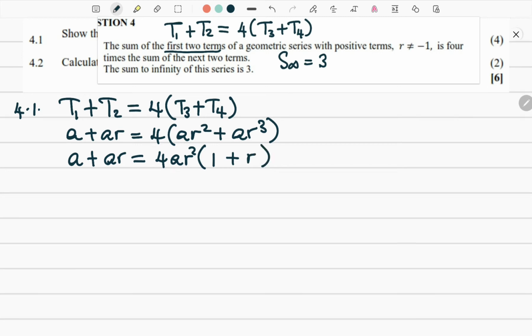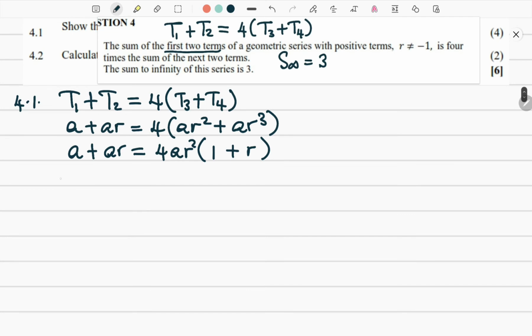Meaning that even on the left hand side you can factor out a, and we're going to have 1 plus r as well.